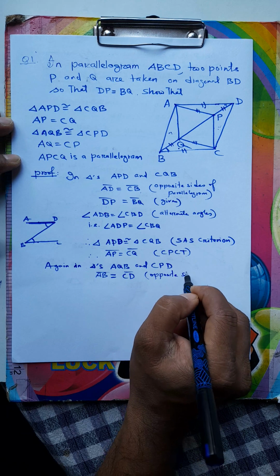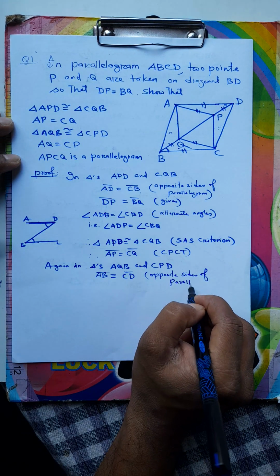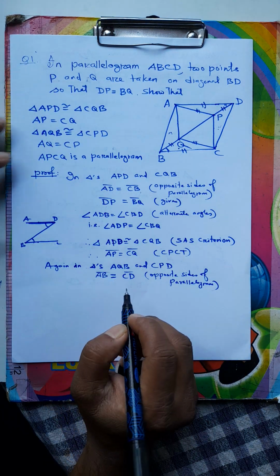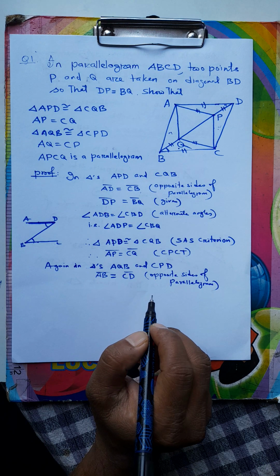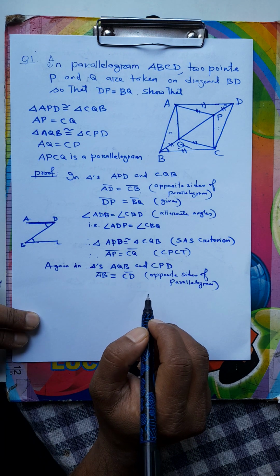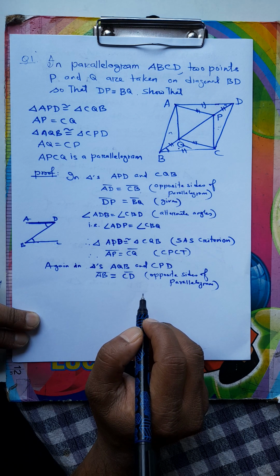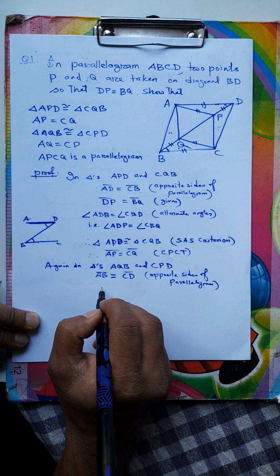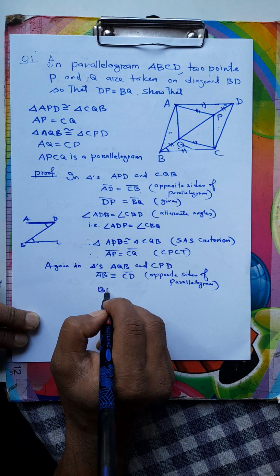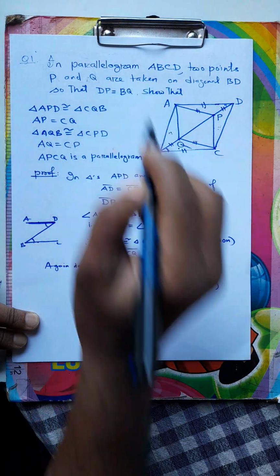AB equal to CD. Then you find BQ equal to PD or BQ equal to DP, right? You can write BQ equal to DP. This is given in our question.